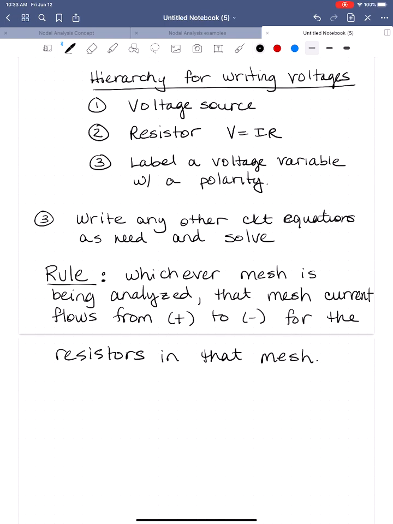Okay, so we're not going to have voltages labeled across every resistor. That's not the point of mesh analysis. Okay, it's to streamline that so we don't need all those variables.